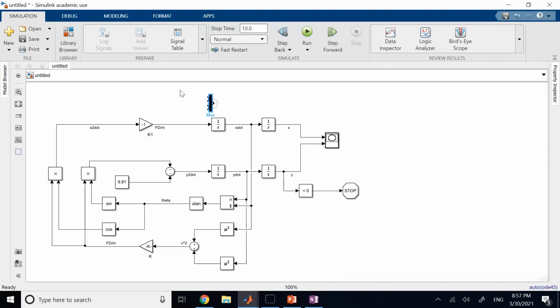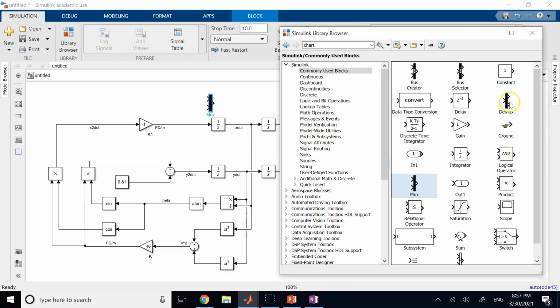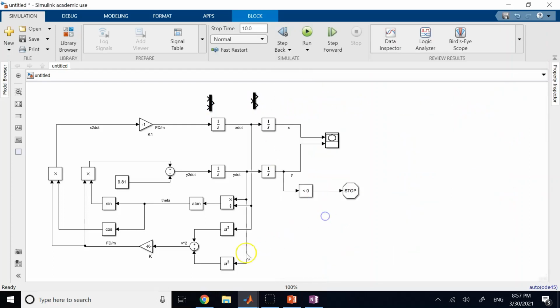If you want, you can bring one of these, and I'll show you in this example how we can use it. Here, I brought X dot and Y dot and raised them to power 2 separately because they were two different signals.